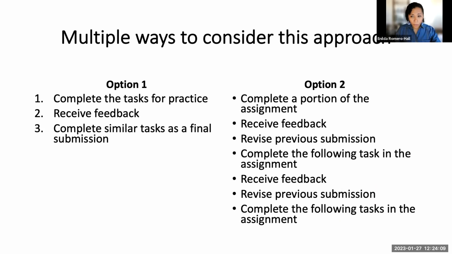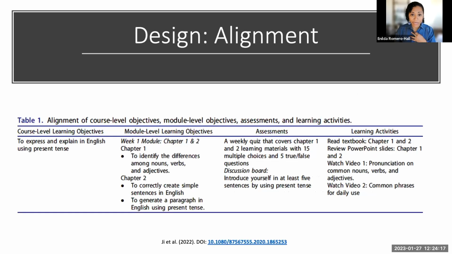So once, as an instructor, I have connected my learning objectives with my learning activities, something that I have done in the past is the creation of a table of alignment.